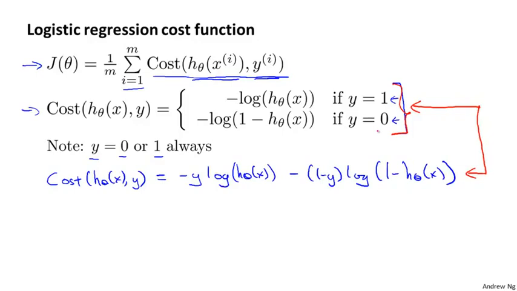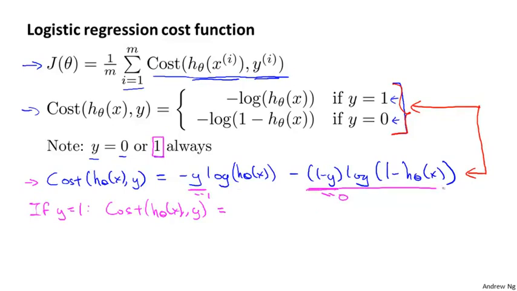We know that there are only two possible cases. y must be 0 or 1. So let's suppose y equals 1. If y is equal to 1, then this first coefficient is equal to 1, and 1 minus y is going to be equal to 0, right? 1 minus 1 is 0.